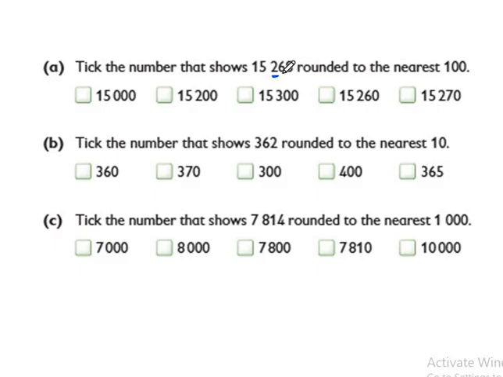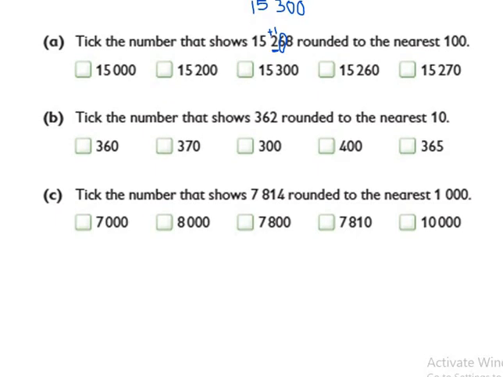Just with the clue, look at the next number, it is 6. As I have told you, if it is 5 or more than 5, you need to add 1. So it is rounded to 300. So it becomes 15,300.